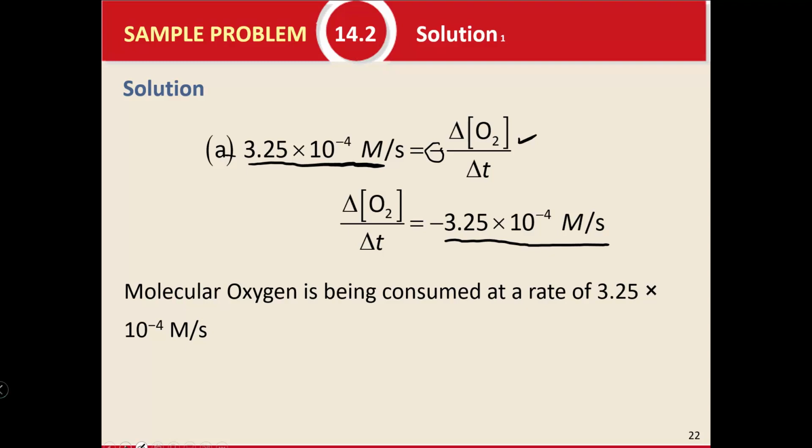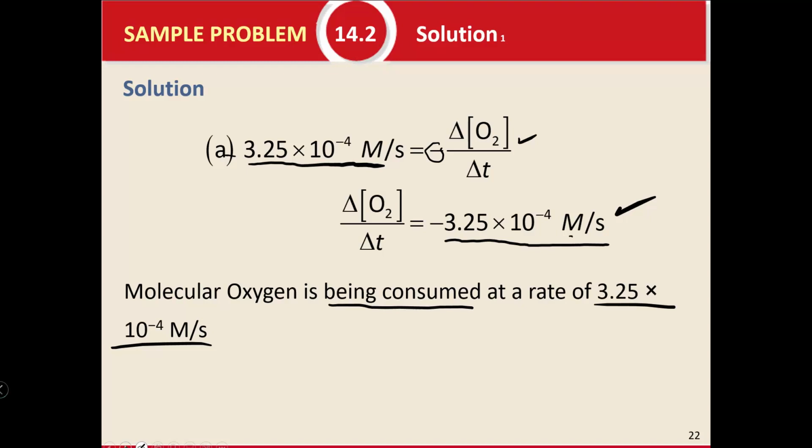So there's two ways to show this. You can write it this way, and you're saying to a person, this is being consumed because it's a negative value, at a rate of 3.25 times 10 to the -4 molarity units per second. Or if you say it's being consumed, then don't put the negative sign and just say it's being consumed at 3.25 times 10 to the -4th.